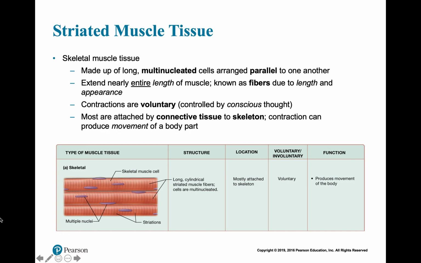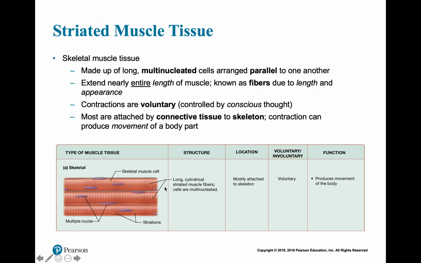Now, an organ, what's the definition of an organ? An organ is made up of multiple tissues that come together to carry out a particular function or functions, all right? And so a skeletal muscle tissue is this right here, all right?